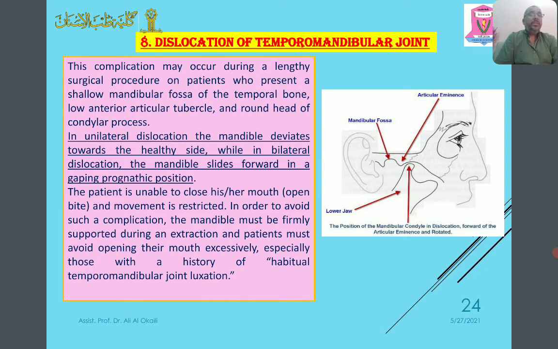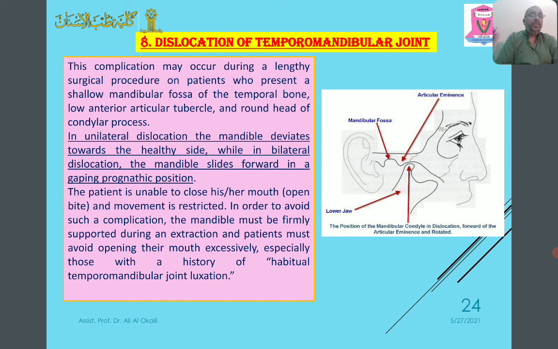In unilateral dislocation, the mandible deviates toward the healthy side, while in bilateral dislocation the mandible slides forward in a gaping prognathic position, and the patient is unable to close his or her mouth and movement is restricted.